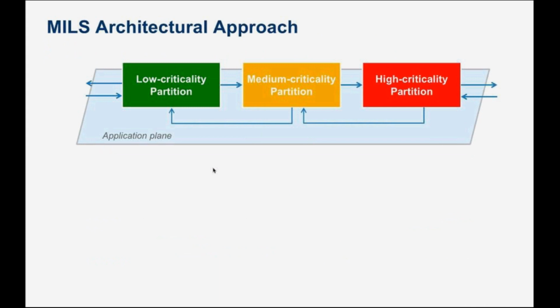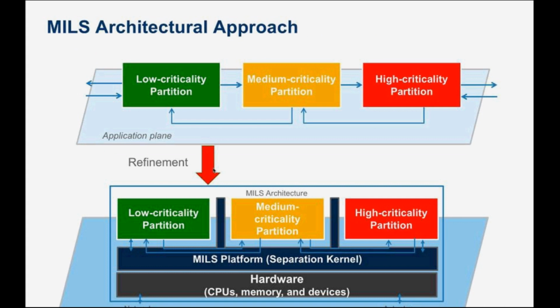So how do we go from the architectural to the actual implementation? We call this refinement. We have the idea of how to set up a system, how to architect it, and then we transport that into an actual integration phase where we need some kind of MILS platform, which is usually a separation kernel. So a kernel, usually a microkernel, that provides a very strong separation between what are called partitions.